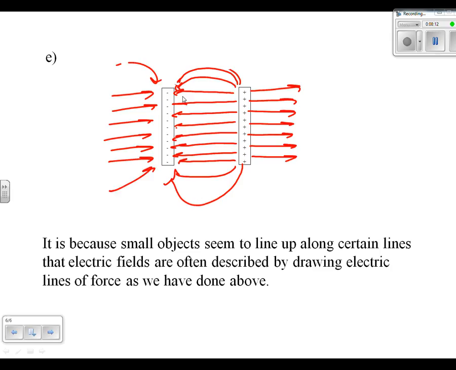Positive always goes towards. Away from positive, towards negative. If you write that on your cheat sheet, you can't go wrong.